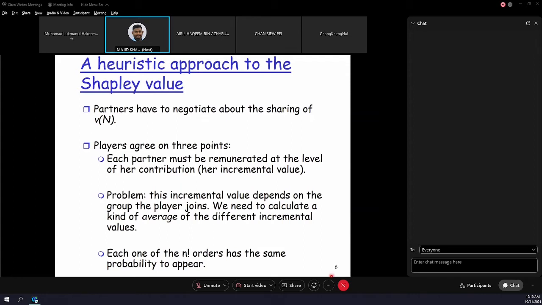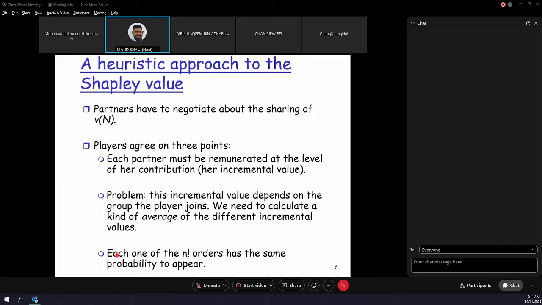But the problem with this point is that the incremental value depends on the group the player joins. We need to calculate a kind of average of the different incremental values.